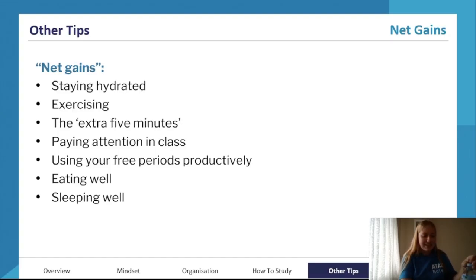The extra 5 minutes. This is referring to the fact that if you don't fully understand something, say you're following your study schedule or you're in class or whatever, it's 7, I'm supposed to stop studying now and do whatever I want to do. I will come back to this. I don't fully understand this.